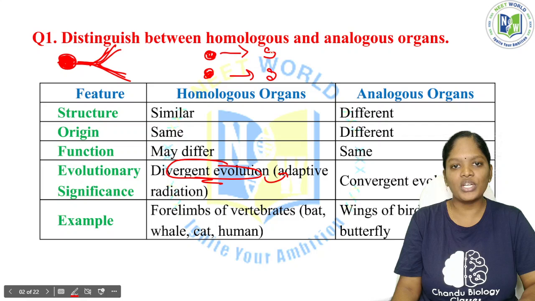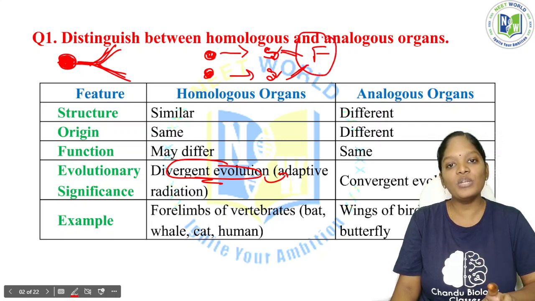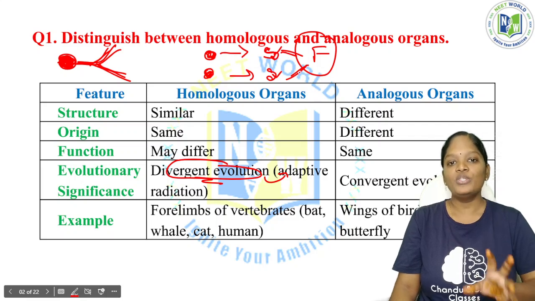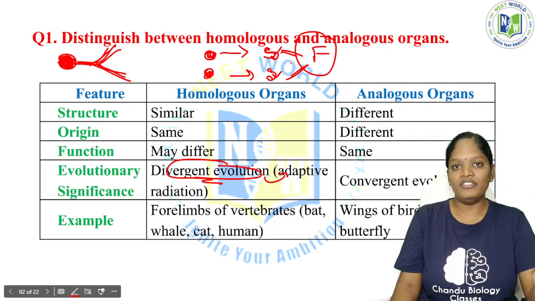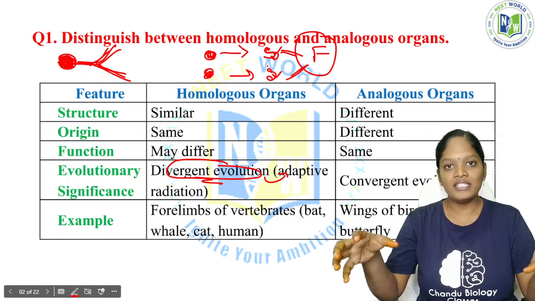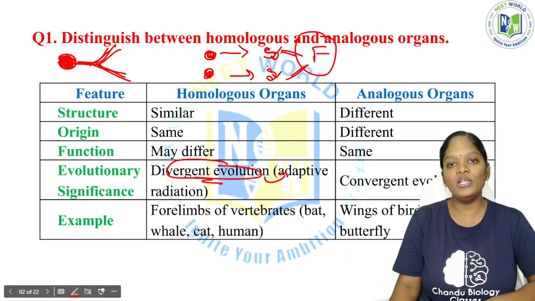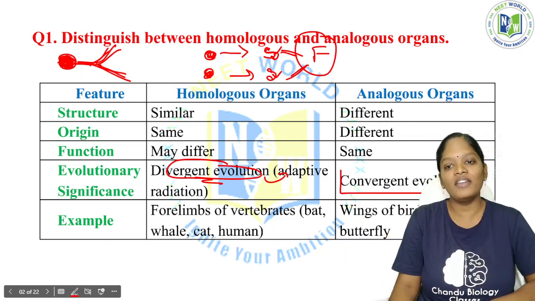Their structure will be different, but their function will be the same. This four-limb will be in a different structure here and a different structure there, but they perform a similar function with the help of that four-limb. So their structure will be different and their function similar. So 2 different ancestors, by their function, converge with each other. This evolution is called convergent evolution.